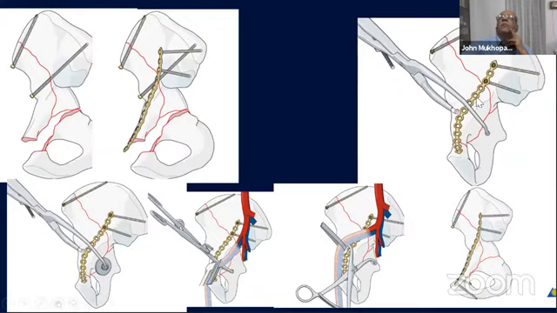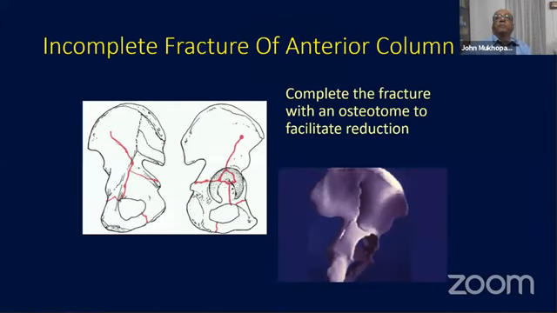And these are some slides from the AO showing how you can do this reduction. You can put screws here, then bring this down, and along with it, it'll bring the rest of it down. And then you can put a posterior column screw as well through the same approach. Sometimes the fracture lines are impacted and incomplete, and we'll show you.